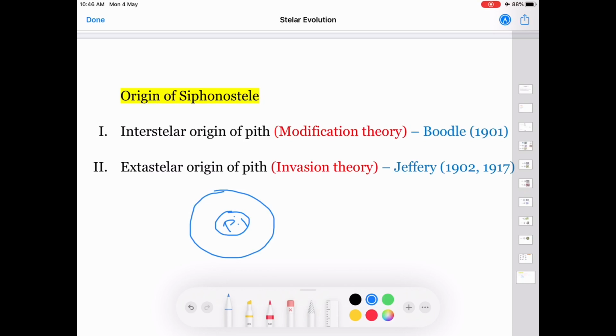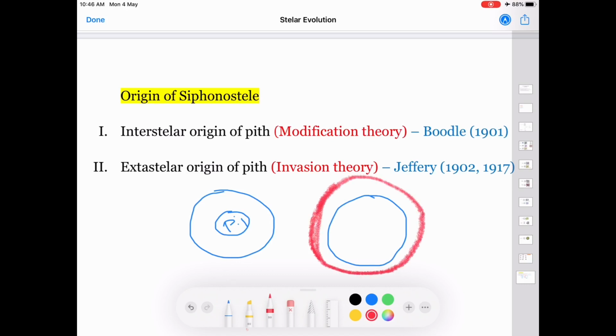Now, the second one, extrastelar origin of pith or the invasion theory. According to this theory, the cortical cell, the parenchymatous cell, is invaginated into the xylem to form a pith.